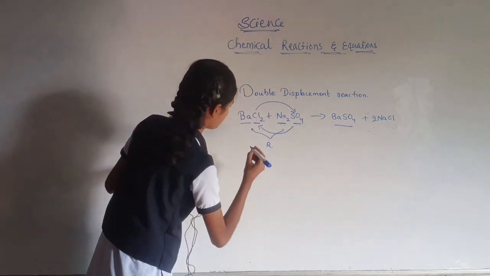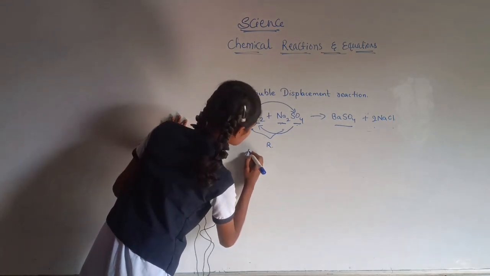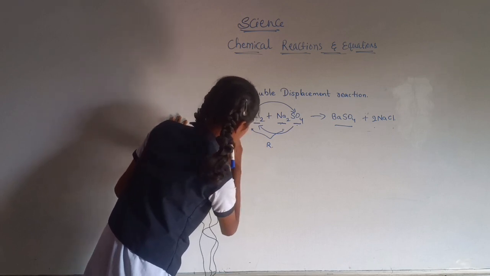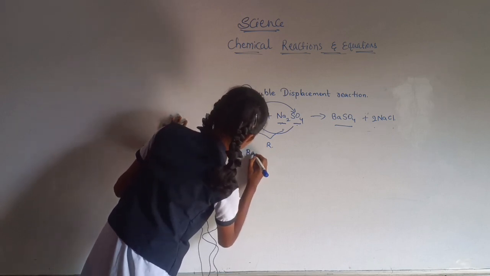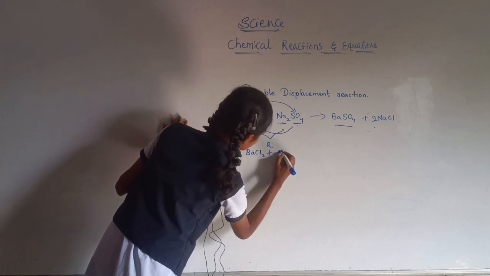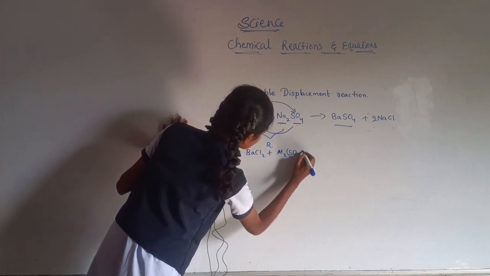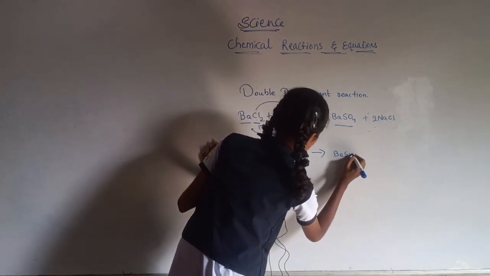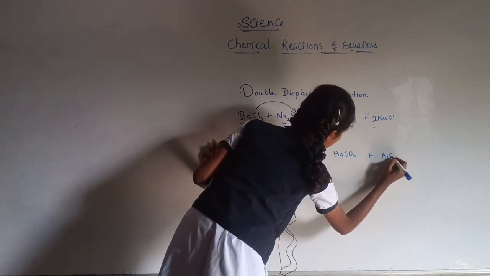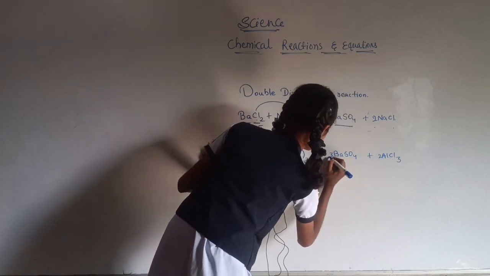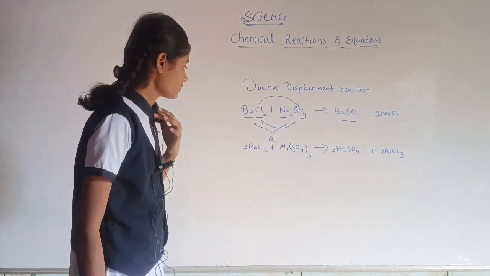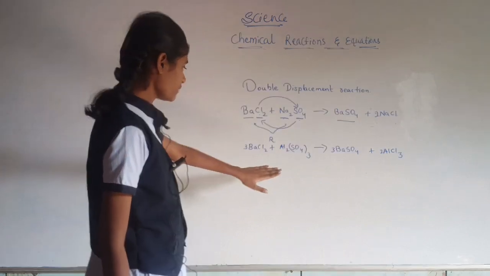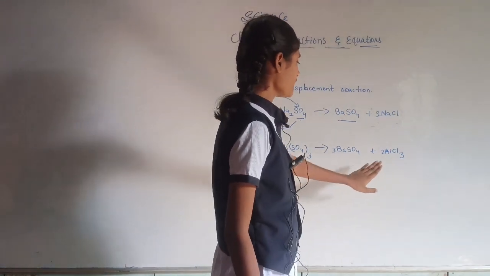Now another example for the double displacement reaction: barium chloride and aluminum sulfate, which gives barium sulfate and aluminum chloride.